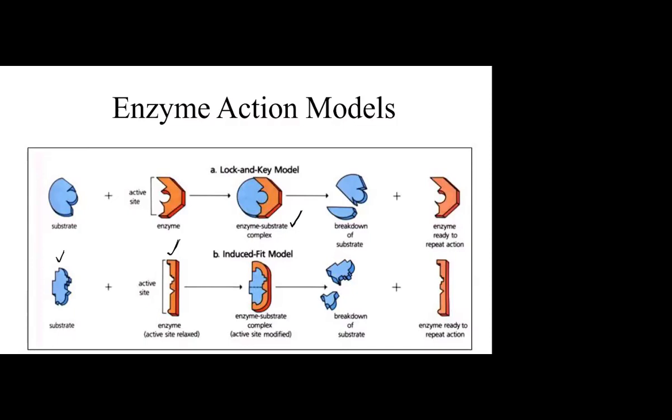It interacts with the substrate because the substrate fits in the active site. But enzymes that utilize the induced fit model are going to adopt conformations and modify their structure so it's a little more flexible, and it's going to accommodate that substrate. So enzymes that utilize the induced fit model are more flexible, okay?